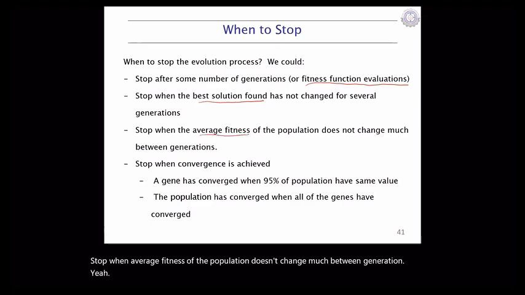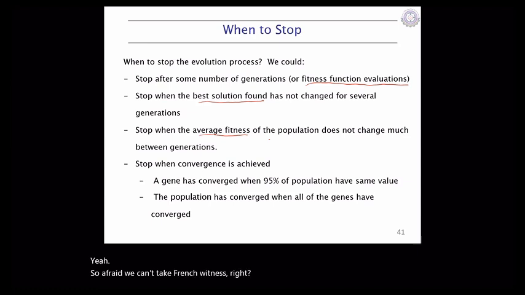So we get the average fitness, right? The average fitness is the total summation of the fitness values divided by the number of individuals.